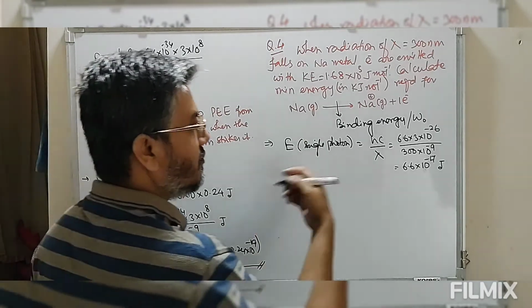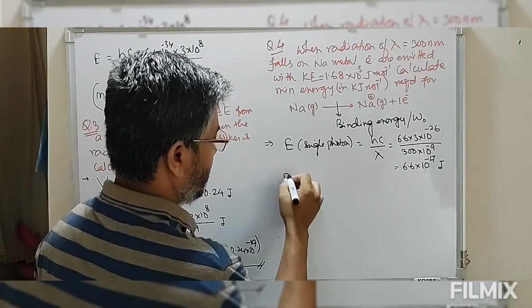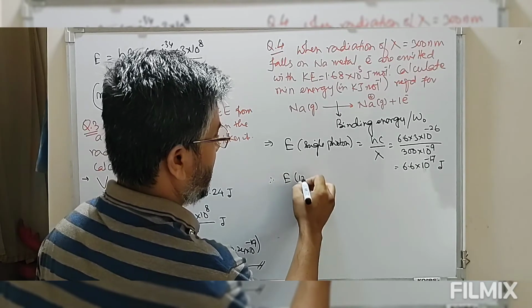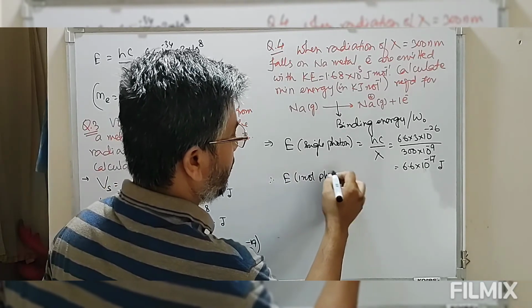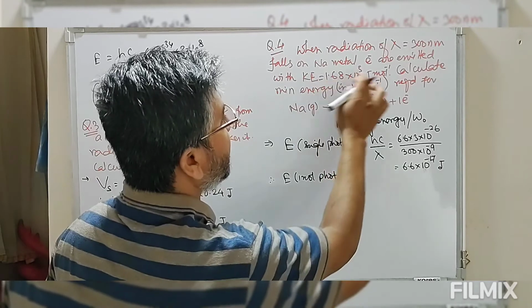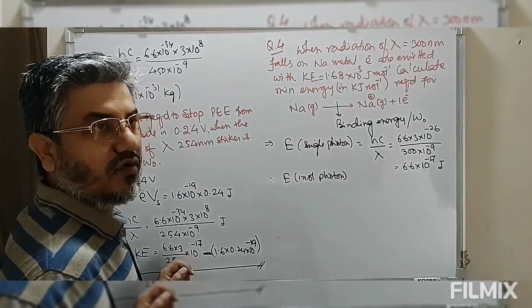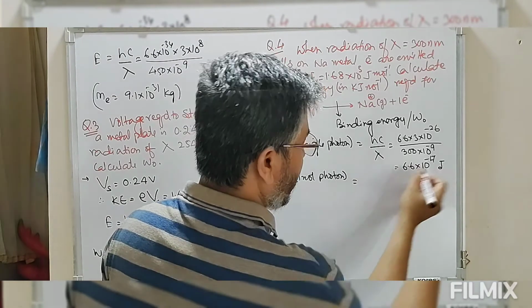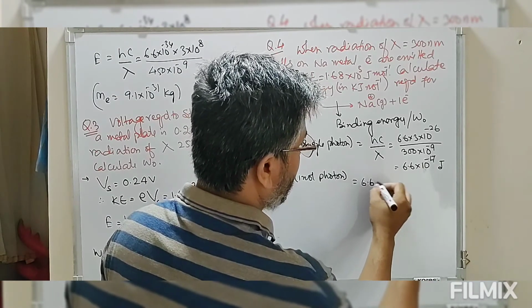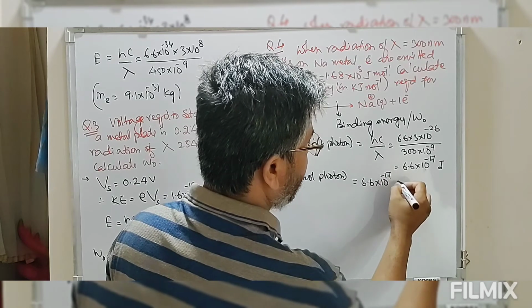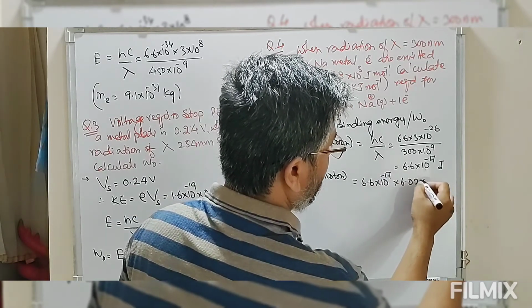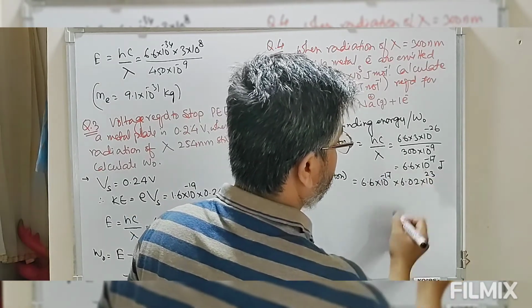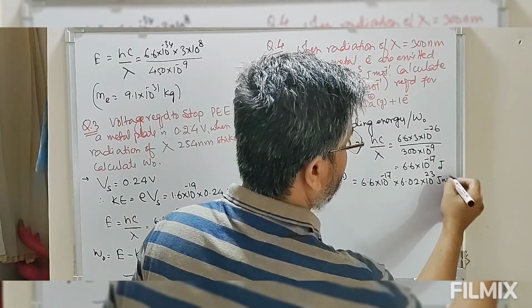So the energy of 1 mole of photons: because energy is given in terms of joule per mole, we need the energy for 1 mole. So the energy of 1 mole of photons is this energy multiplied by Avogadro number. So we have 6.6 into 10 to the power minus 17 into 6.02 into 10 to the power 23, in joule per mole.